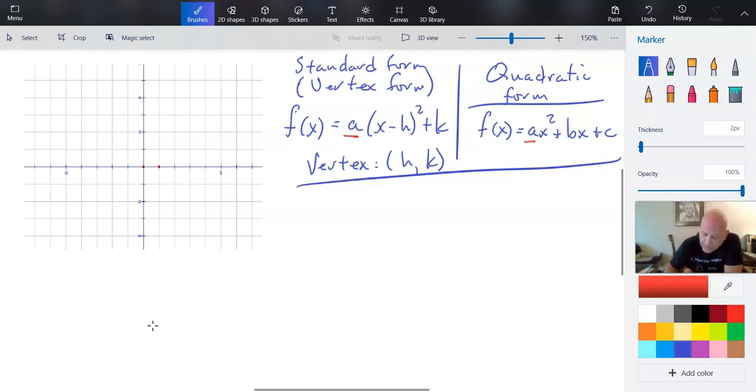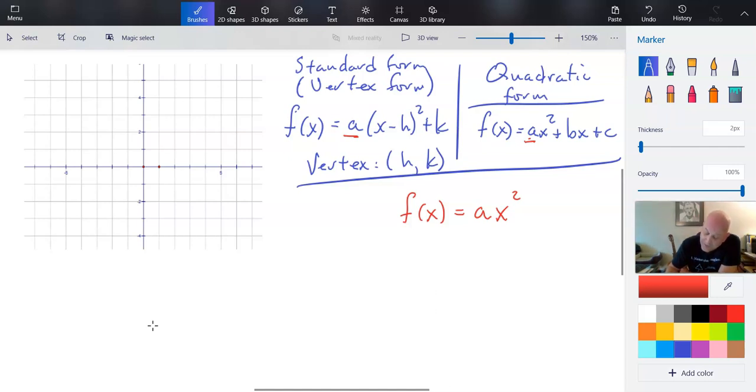We're going to be looking at a function in the form f of x equals ax squared. I'm taking out all the other things. Keep in mind that this a is the same as both of these a's. There's a reason they use the same variable to represent them: they actually turn out to be the same value in both forms.